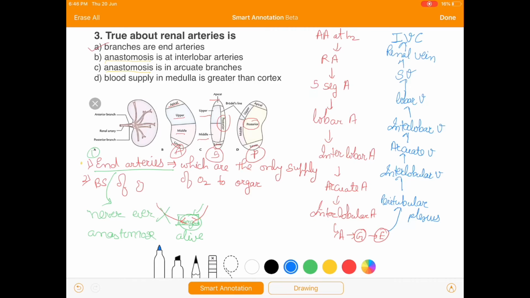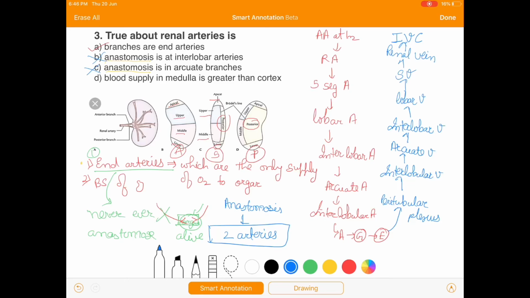For anastomosis, there should be two arteries. This is the requirement for the anastomosis, and end artery is the only one artery supplying to the organ. Hence there is no presence of anastomosis here.